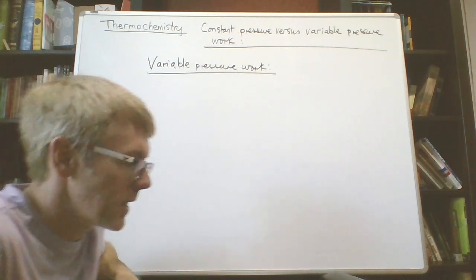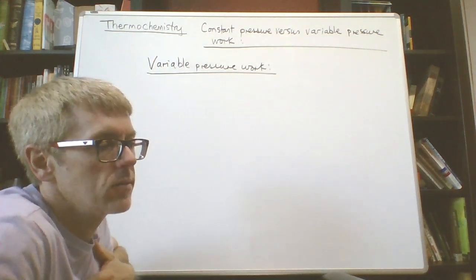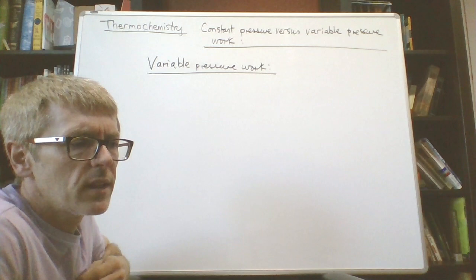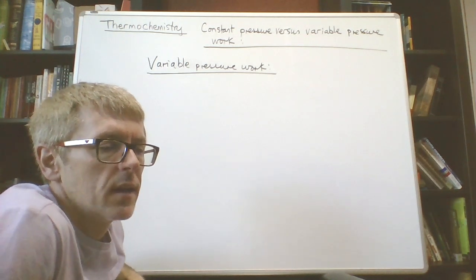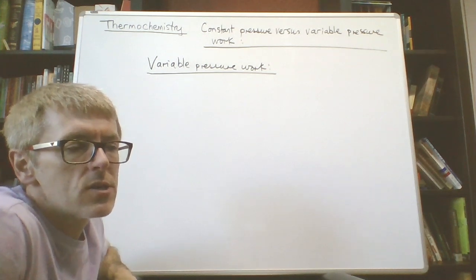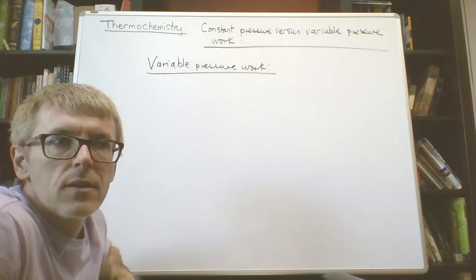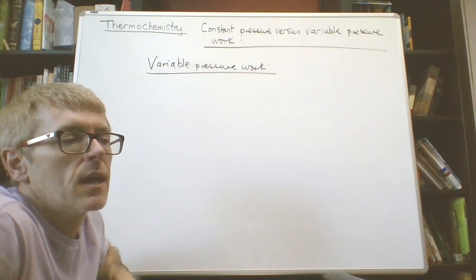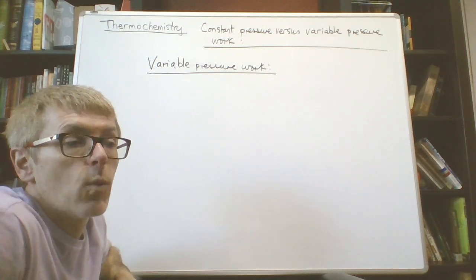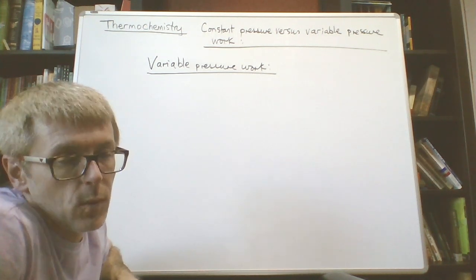More importantly than the examples, though, is the difference between the equations. I would expect that you can see the difference between the equations and see how one of them incorporates the change in pressure and one of them doesn't, and when to use the right equation and when to use the other.